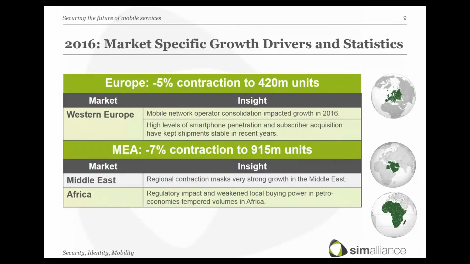Europe. Europe is also at a very high level. You see 420 million units have been shipped by the Alliance members. And in these markets, I think the degree and the footprint of the Alliance members is even higher.